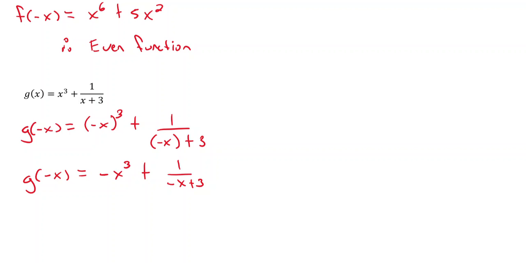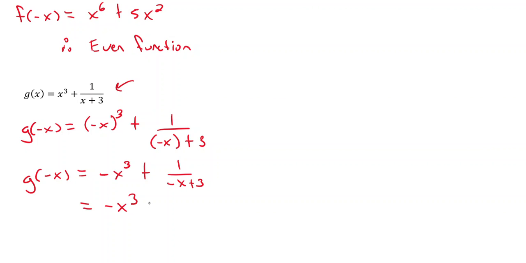From here, I'm seeing if I can make it into the exact same as the original, then it would have been the same as f of x. Or if I can factor out a negative, then that would also work. So let's try, just to make sure, because it's not totally obvious.